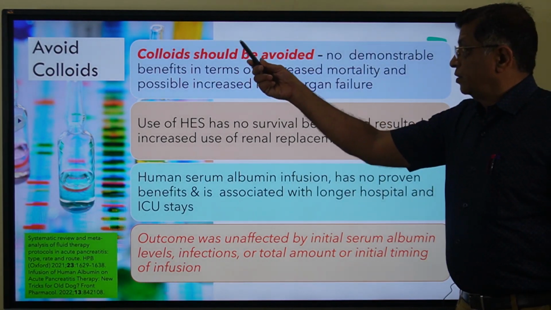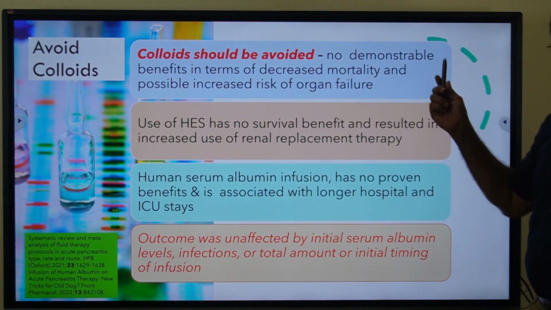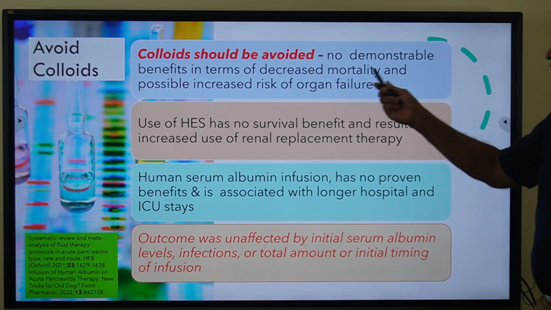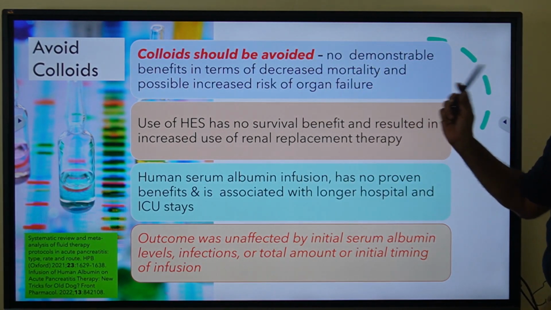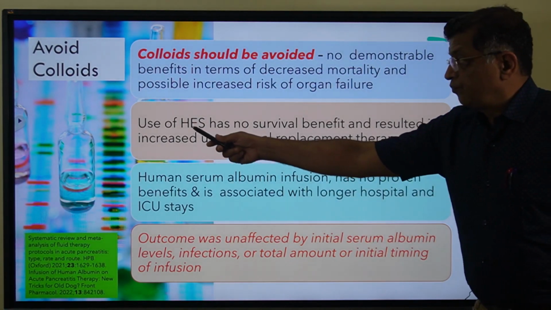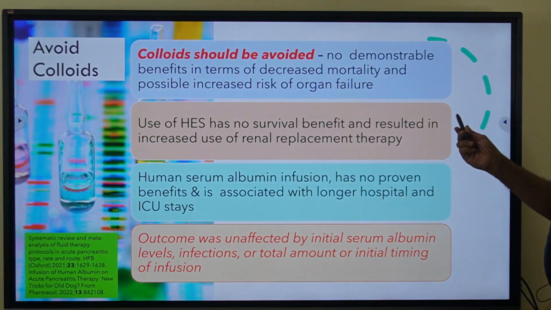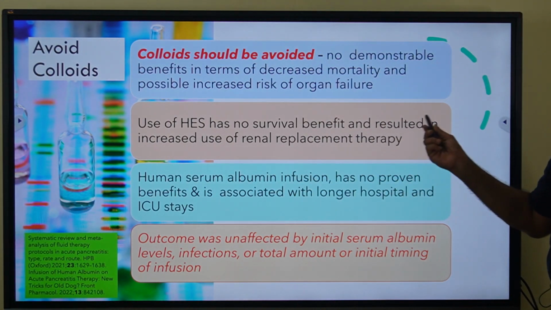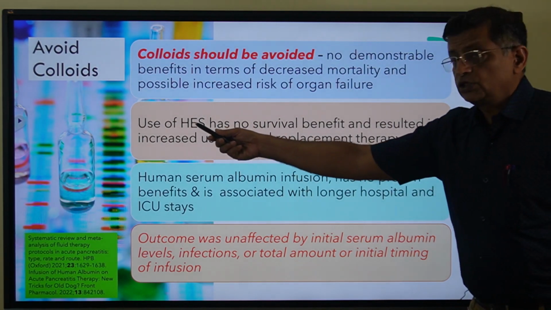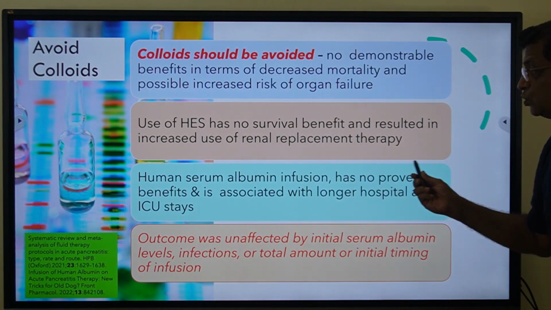Colloids should be avoided. No demonstrable benefit. Colloids have no demonstrable benefit in terms of decreased mortality, and possibly they increase the risk of organ failure. Use of hetastarch has no survival benefit and it increases the risk of renal replacement therapy. So use of starch is no longer recommended. Human serum albumin infusion has no proven benefits.